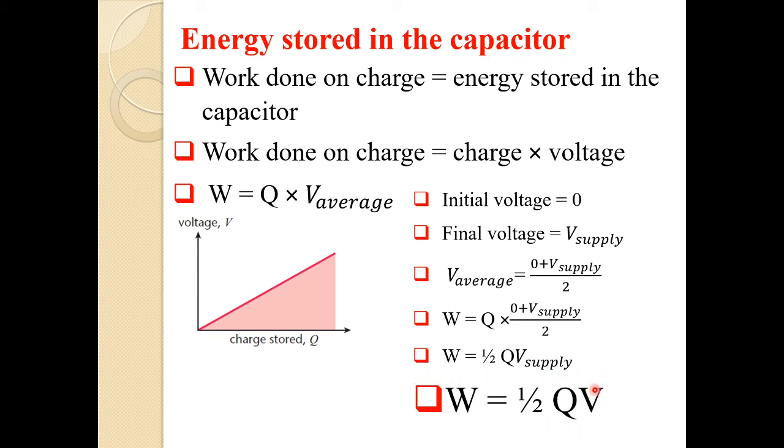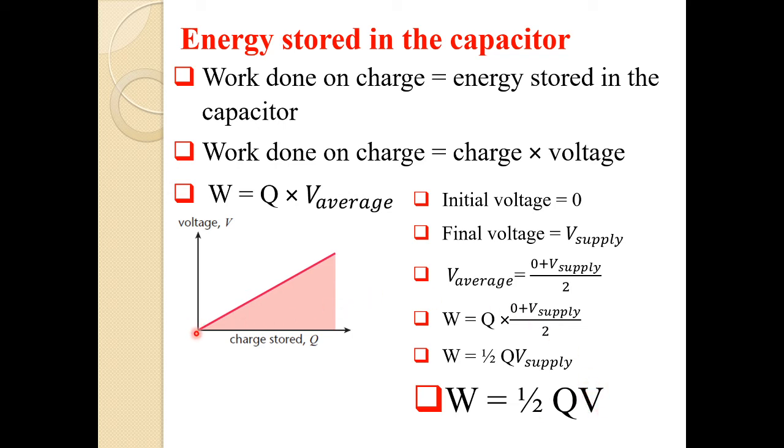Normally, in the electricity unit, we have learned that energy is charge into voltage. But here for capacitance, keep that in mind: there is a half here. How does this half come? Because the voltage is not V throughout.